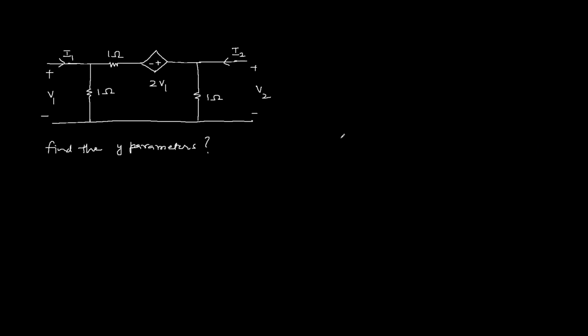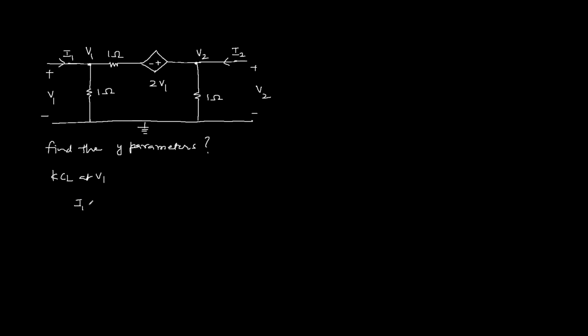For this two-port network, we have to find out the Y parameters. This circuit looks like a pi network. Voltage at this node is V1. Voltage here is V2. Suppose this node is the reference node. So we can apply KCL at the node with voltage V1.